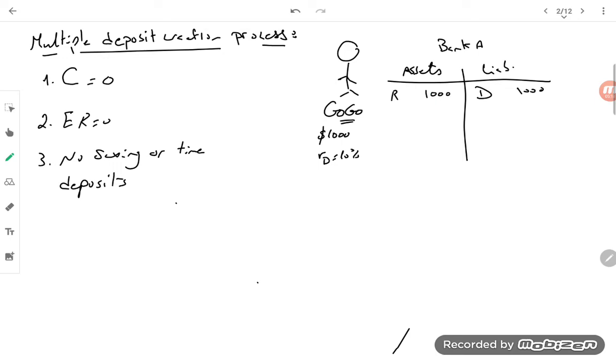But as we said, there are no excess reserves and the bank should keep 10%. 10% of the 1,000 is 100. So the bank is going to keep 100 and the other 900 will be used in other assets, say for example loans.